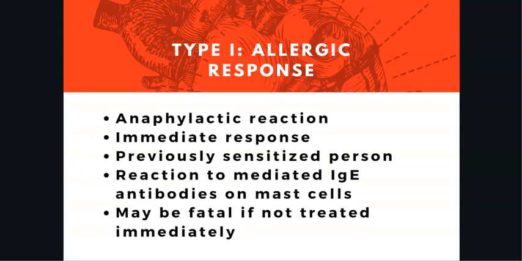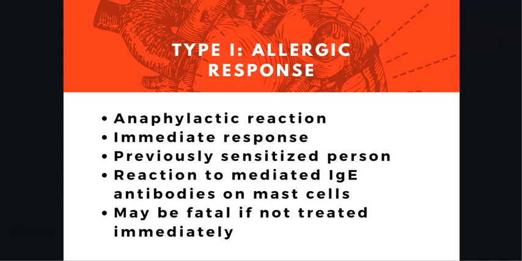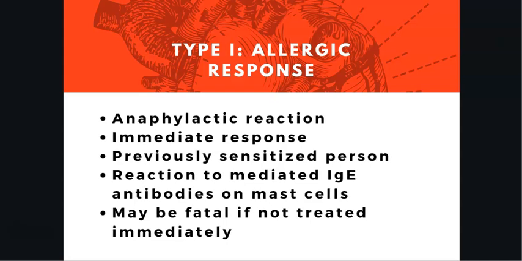So, in the type 1 allergic response, that's an anaphylactic reaction. It's going to happen right away. That can happen in a previously sensitized person, and it can be fatal if it's not treated. So type 1s, think about the anaphylactic. Type 1, worst kind, anaphylactic. Immediate response.